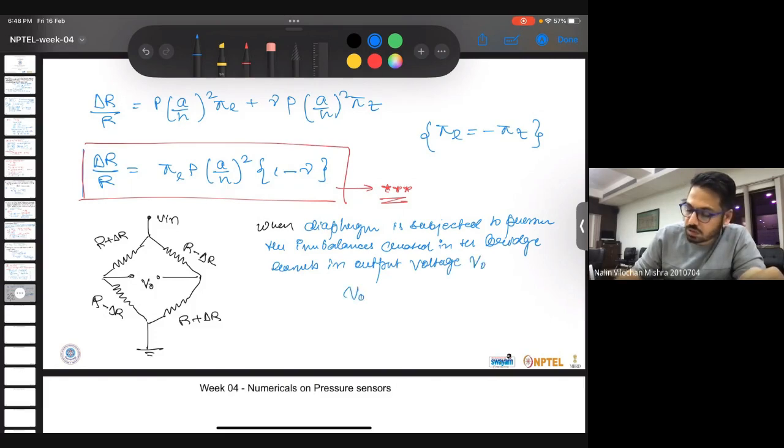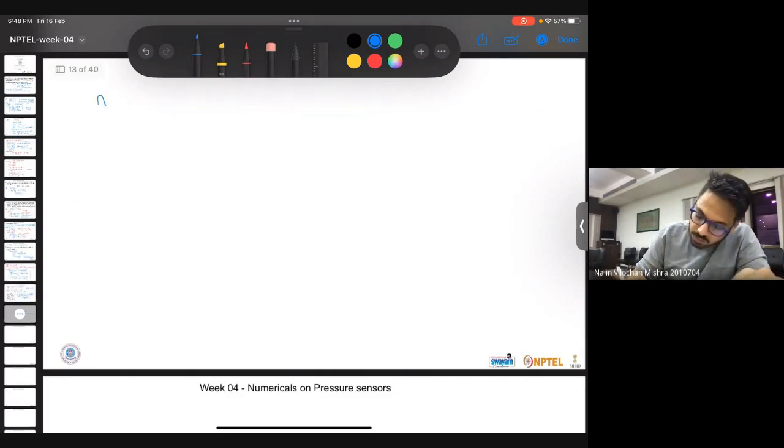So V naught is given by change in resistance by R multiplied with input voltage.